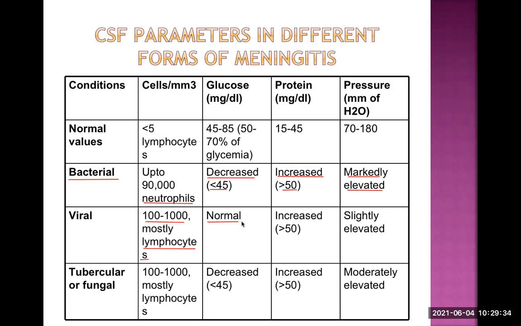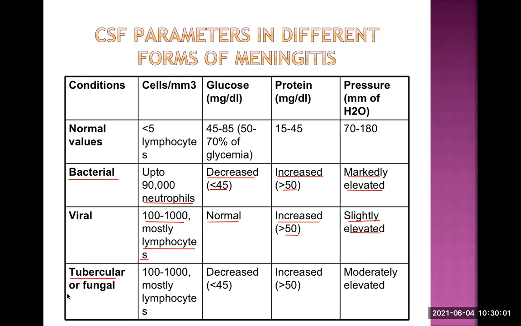Protein is increased, but not as highly increased as in bacterial meningitis. Regarding the pressure, it is also slightly elevated. So the most important features here are two: lymphocytic predominance with fewer WBCs than the bacterial one, and normal glucose.